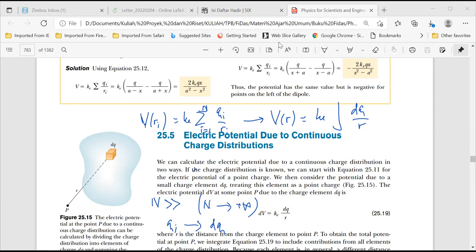But if N is very large, we could simplify the discrete case to the continuous case. Basically, the continuous case is a simplification of the discrete case, because it is easier to work in continuous space than in discrete case for a very large particle system.